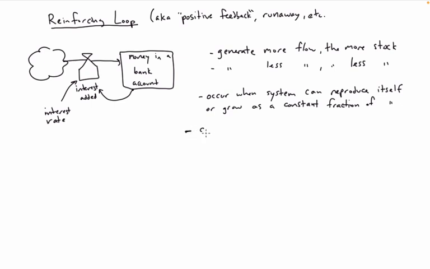And depending on the situation, a reinforcing loop can cause healthy growth. So, for example, growth of a baby, or person, a young person. The bigger they get, the faster they can grow, at least early on. The cells reproduce, or the same behavior can lead to runaway destruction.